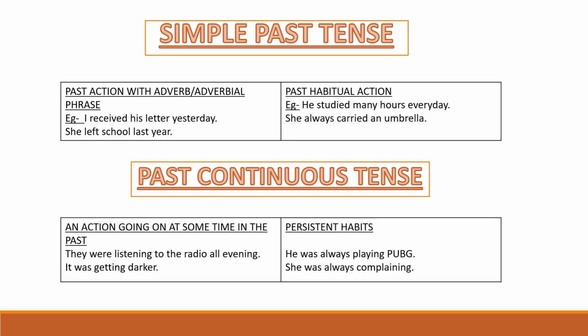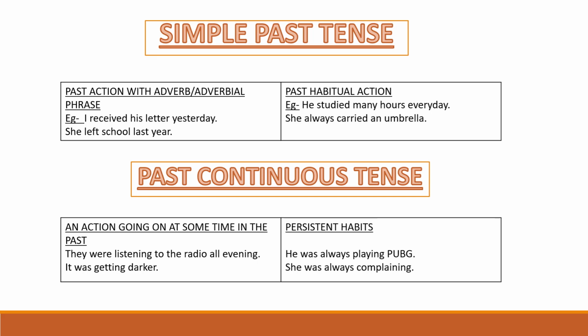For example, they were listening to the radio all evening. They were listening to the radio all evening means in the past those people were listening, means the action of listening to the radio was going on, right? So they were listening to the radio all evening.